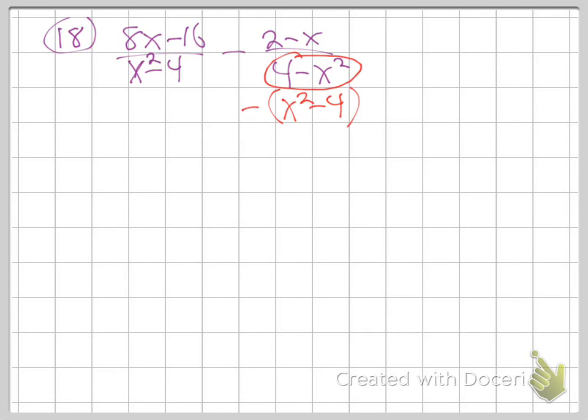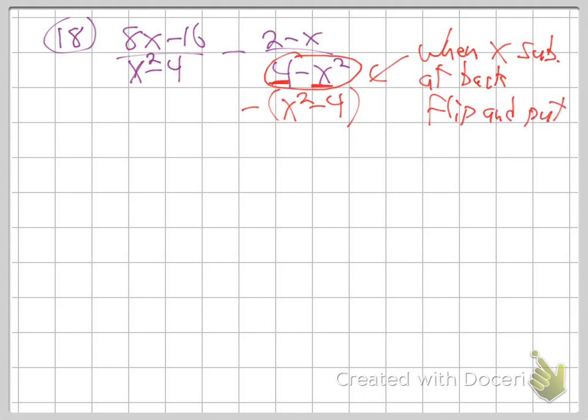If you distribute that minus through, that's still minus x squared plus 4, which is the same as plus 4 minus x squared. I'm not saying you have to do that, I'm just proving to you that it's okay to flip it. So when x is subtracted at the back, flip and put a negative in the front.